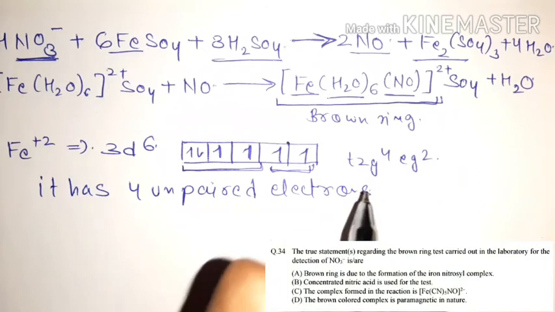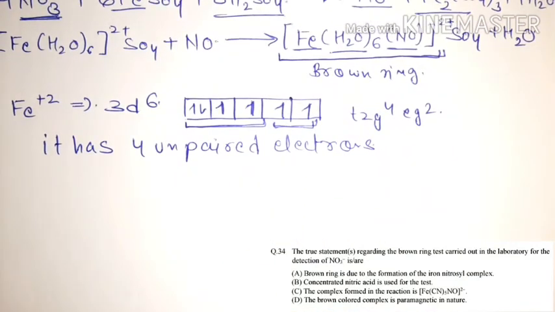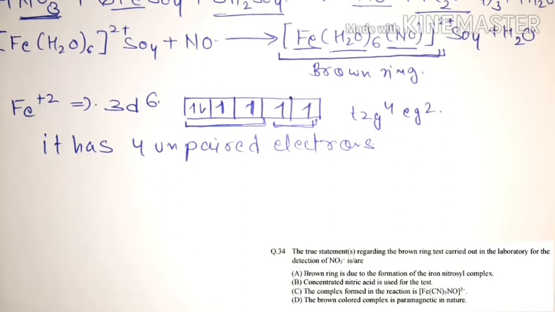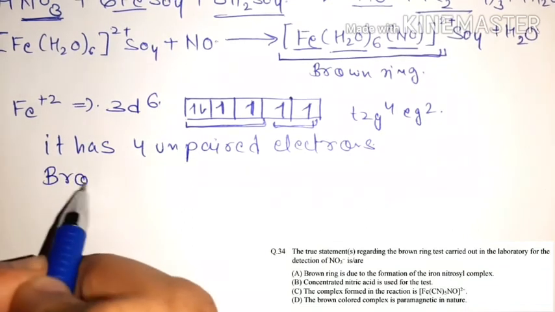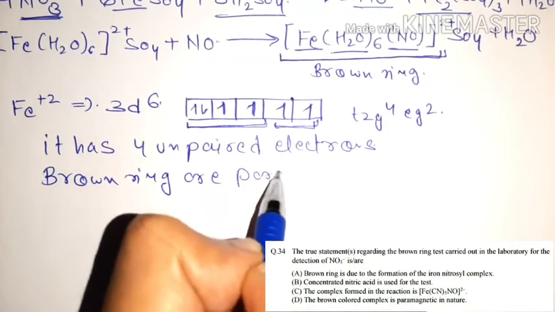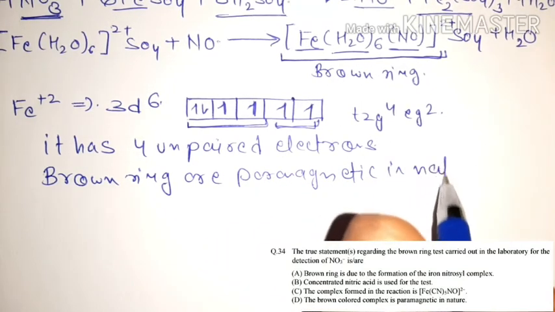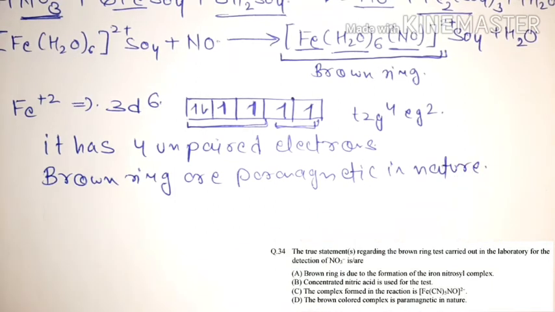And you know very well in coordination geometry the complex which has any single unpaired electron or many unpaired electrons is paramagnetic in nature. So here the brown ring or iron nitrosyl complex is paramagnetic in nature. Understand? So option D will also be correct.